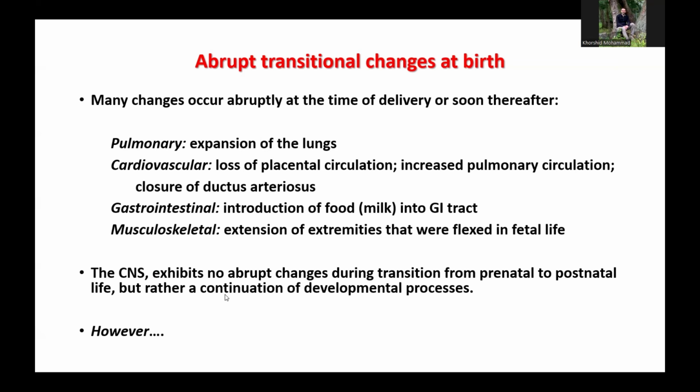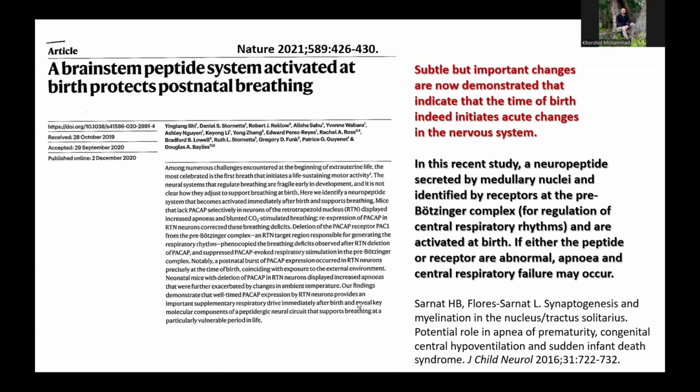The nervous system, however, doesn't show such abrupt changes during transition from prenatal to postnatal life, but is rather a continuation of developmental processes. However, there's new evidence showing that there are some changes that occur in the brainstem, at least at the time of birth, with the brainstem peptide system being activated by postnatal breathing, and that having effects on the nucleus solitarius and the pre-Botzinger complex, which regulates central respiratory rhythms.